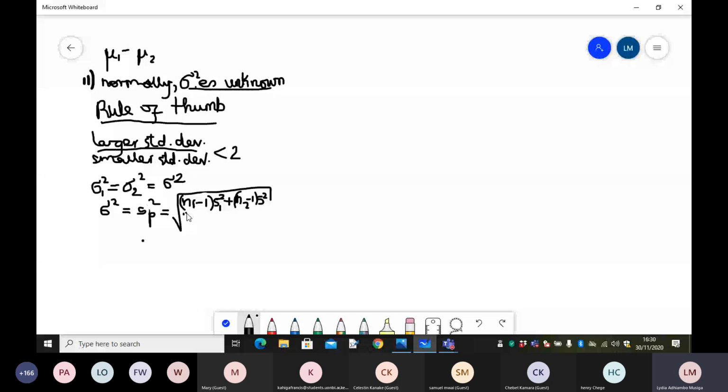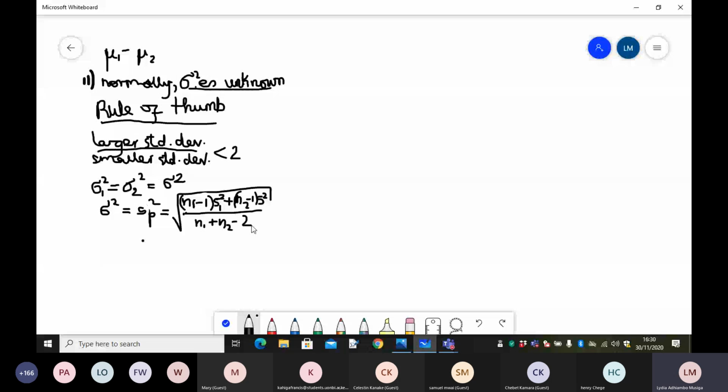I want to draw a line here. Okay, n1 plus n2 minus 2. So this is the formula that gives us the pooled sample variance.